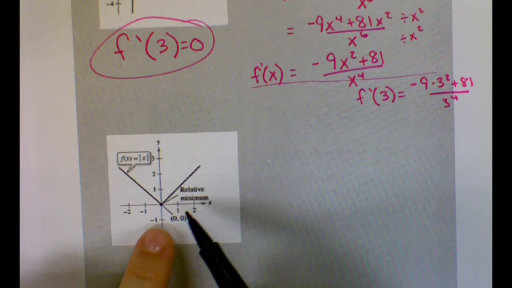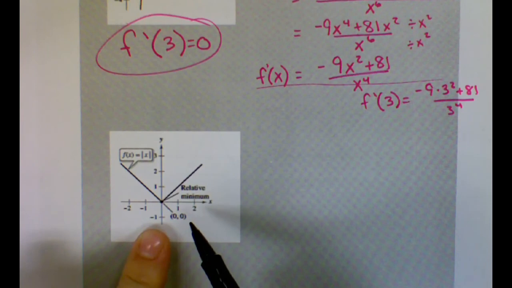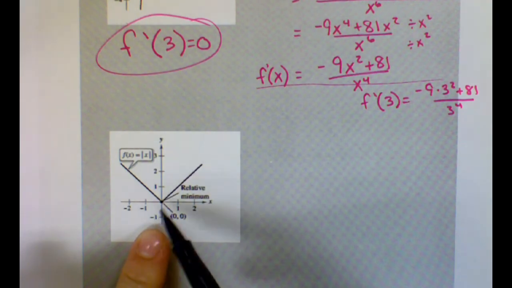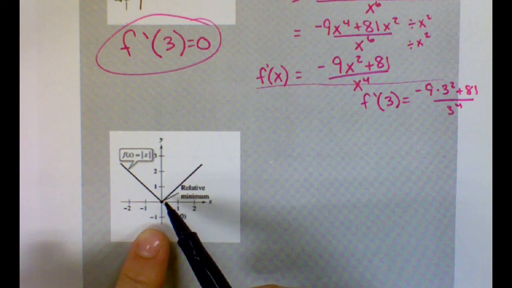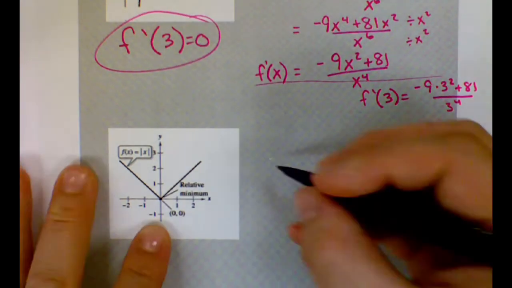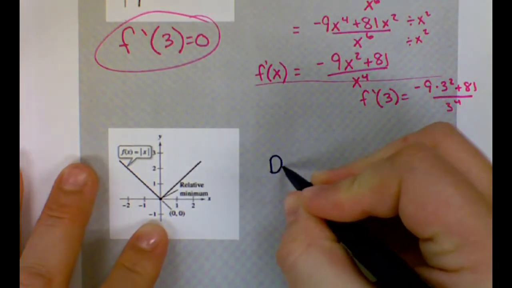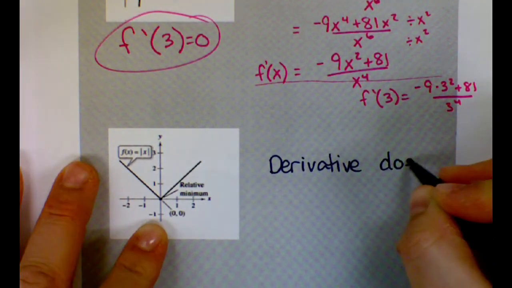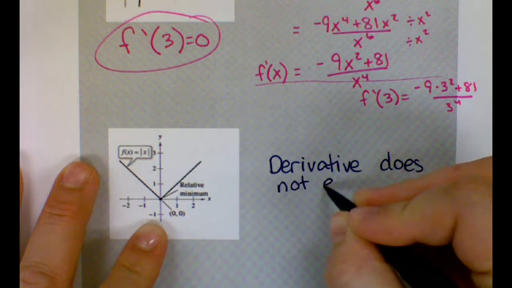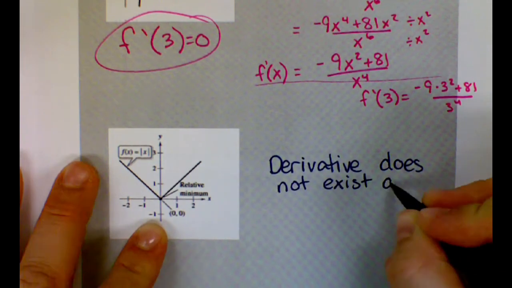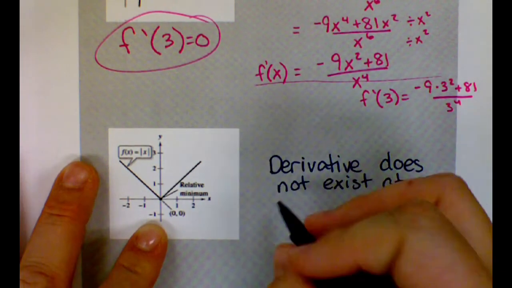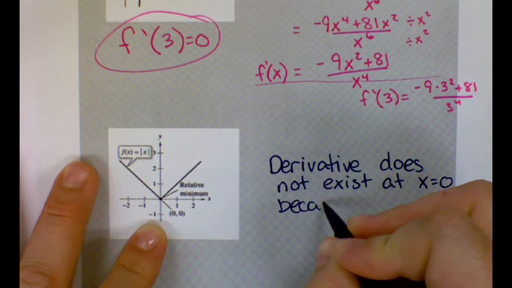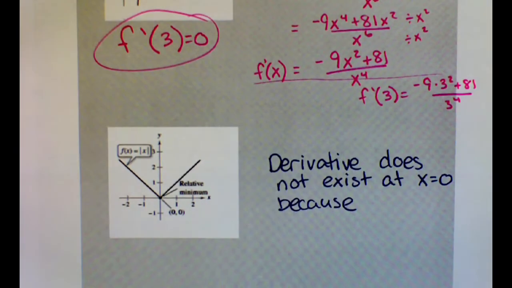I want the derivative at 0, 0. Well, there's a sharp corner there. So technically the derivative does not exist at x equals 0 because the derivative from the left and from the right aren't the same.